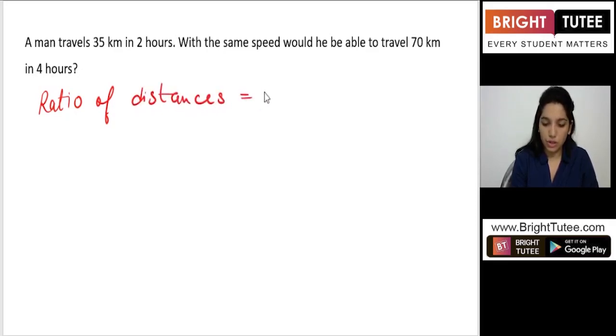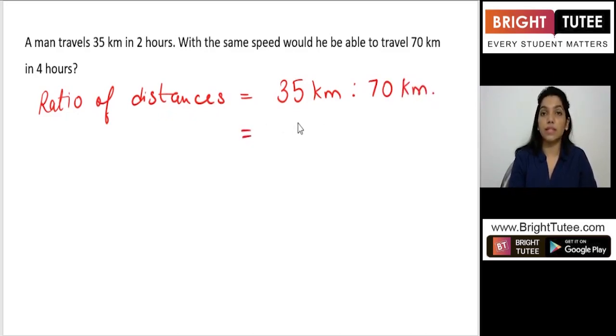So the ratio of distances is 35 kilometers to 70 kilometers. We don't write the units when we are writing the ratio, so it will be just 35 is to 70. Now both these numbers are divisible by 35, so it comes out to be 1 is to 2.